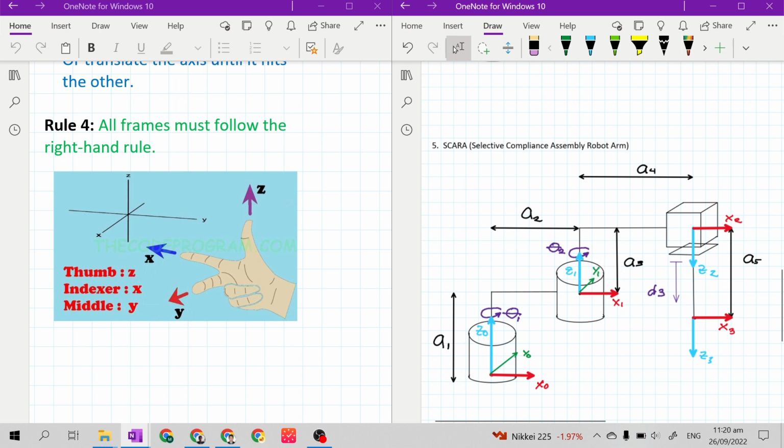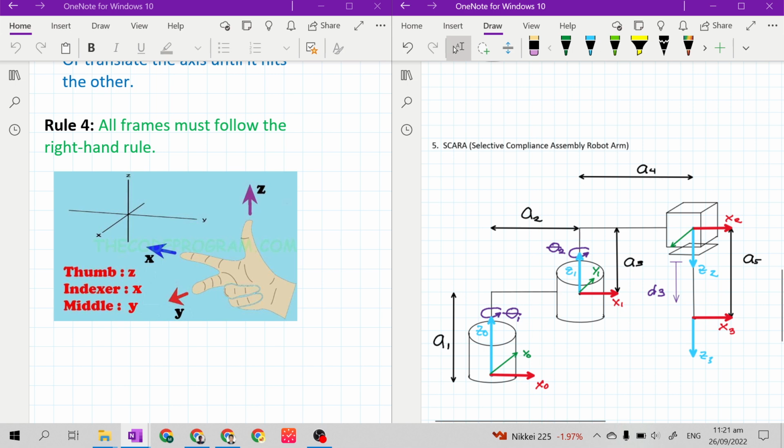Next, for frame 2, based on our right hand rule, the z-axis is pointing downward, the x-axis is pointing to the right, so the y-axis will point to the front.